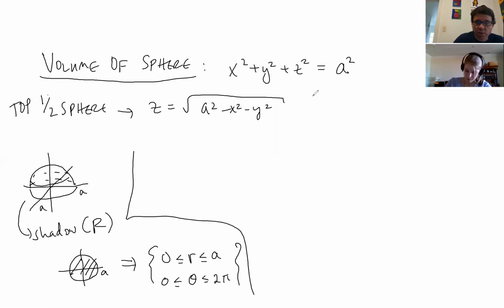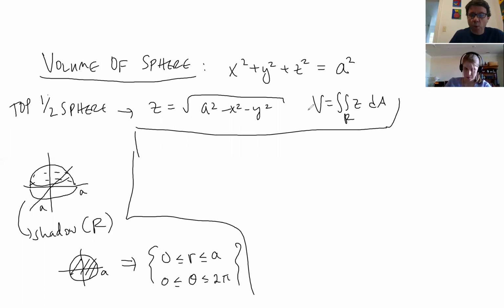So the volume is going to be the double integral of our z function over the region R dA. Rectangular is a nightmare on this one, so I'm not going to do it. We're just going to do polar with the double integral.